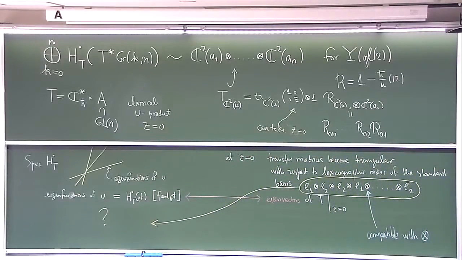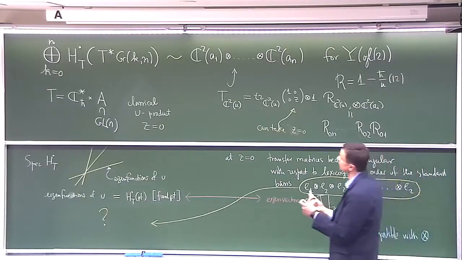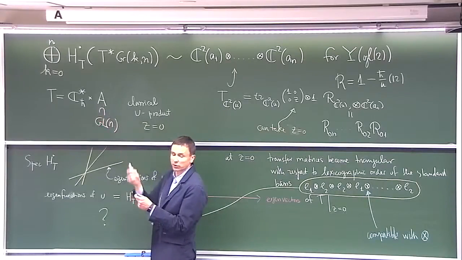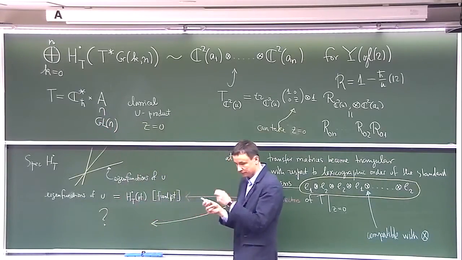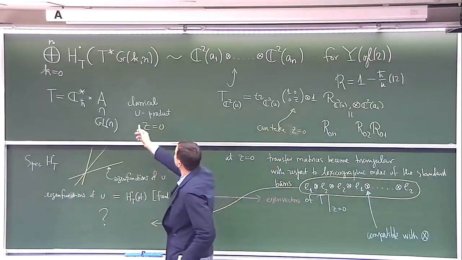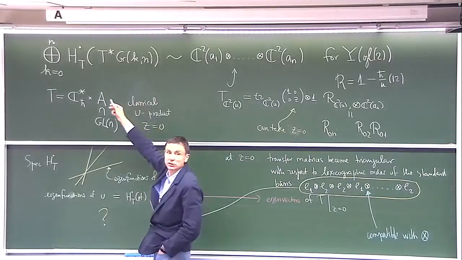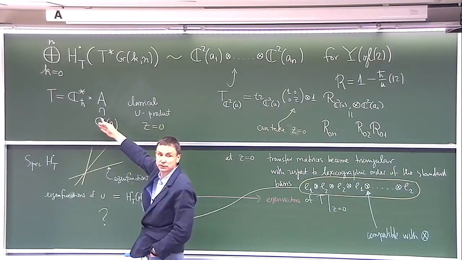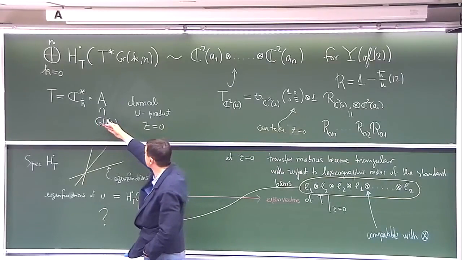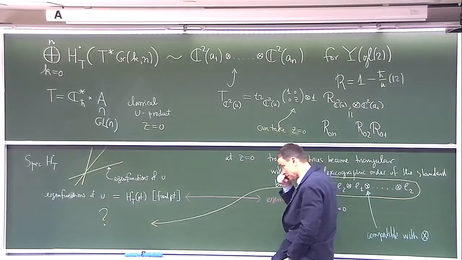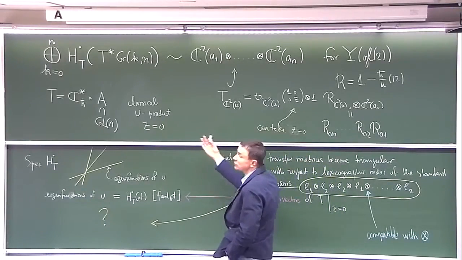So the way you see the order is you pick a general one-parameter subgroup in this A, or you can say you pick a choice of attracting or repelling directions, and you match the tensor product with the cohomology of the attracting manifold of this fixed point. And so this is how the ordering is going to come in.